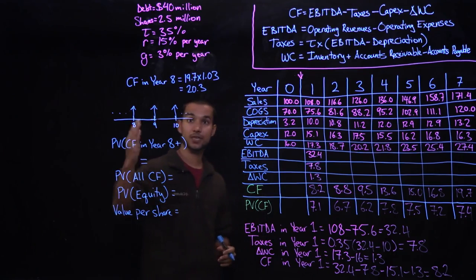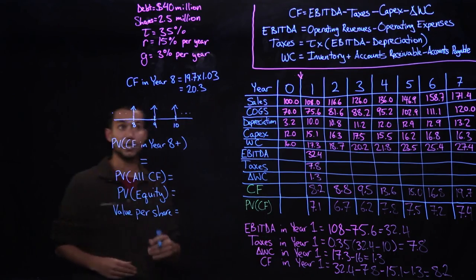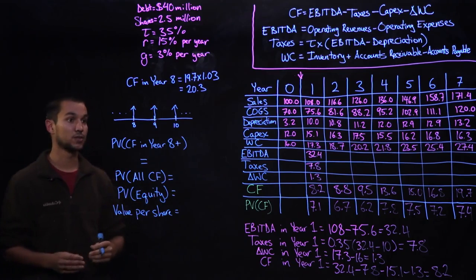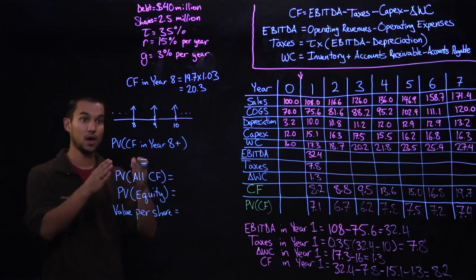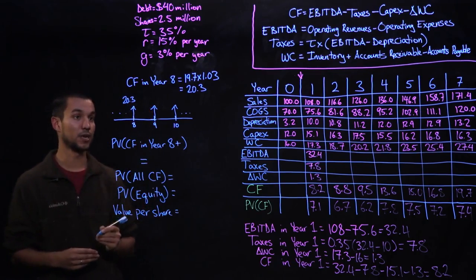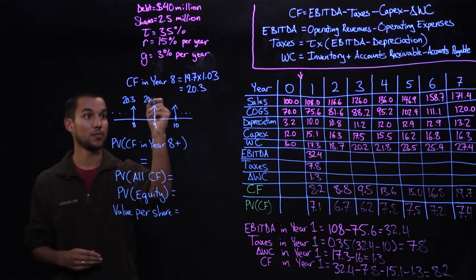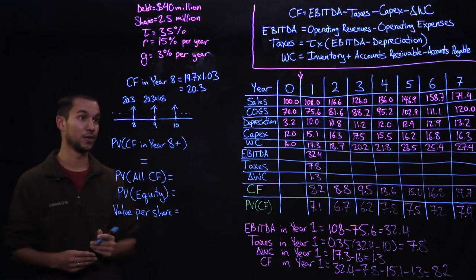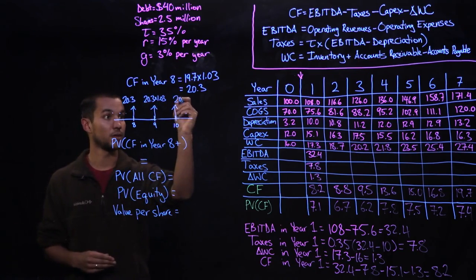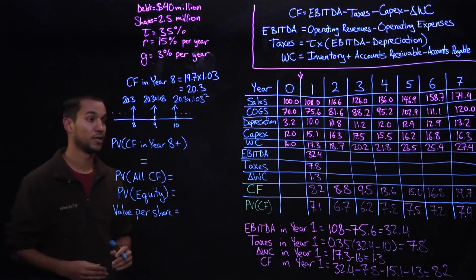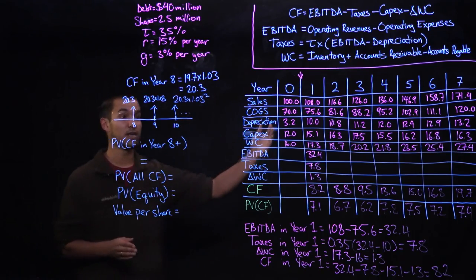So that's going to be our cash flow in year 8. We can draw our cash flows for year 8 onwards on a timeline. We get $20.3 million in year 8, 20.3 times 1.03 in year 9, 20.3 times 1.03 squared in year 10, and this is going to go on in perpetuity.